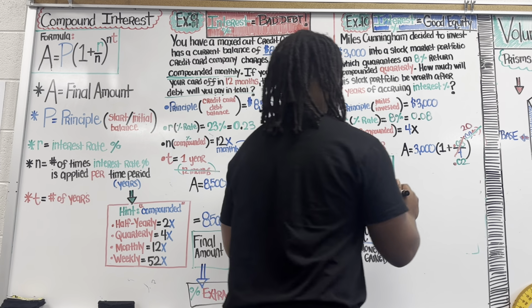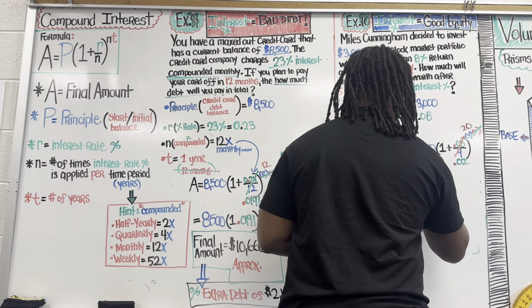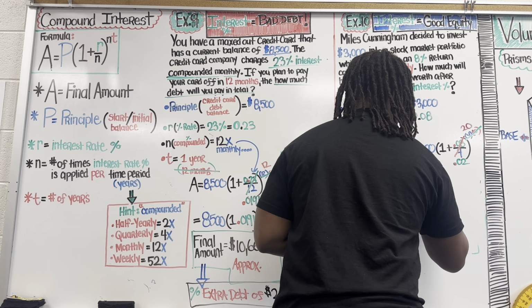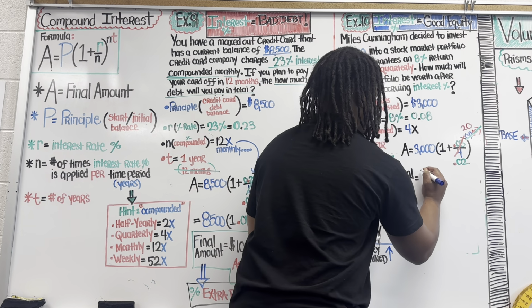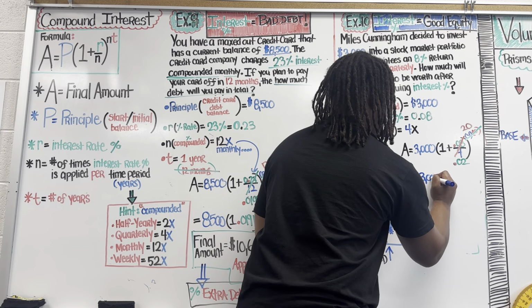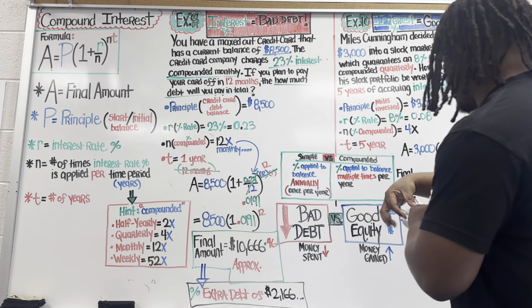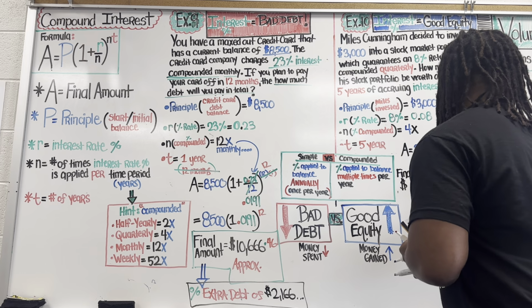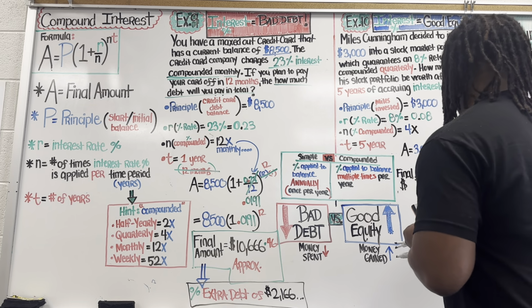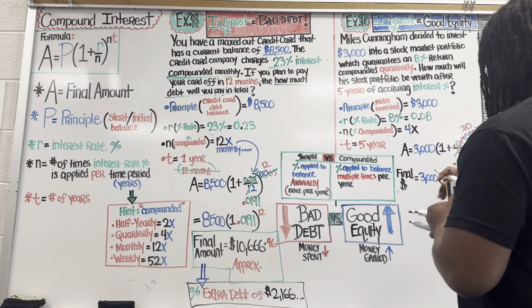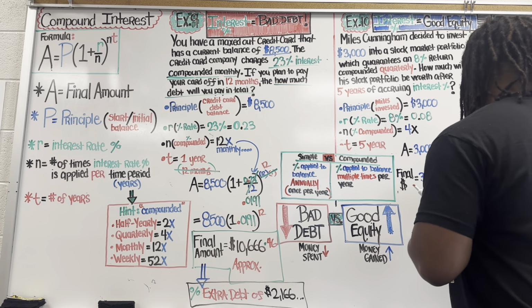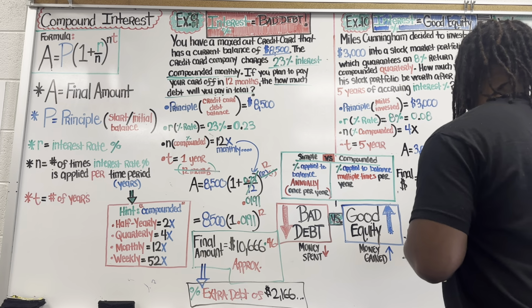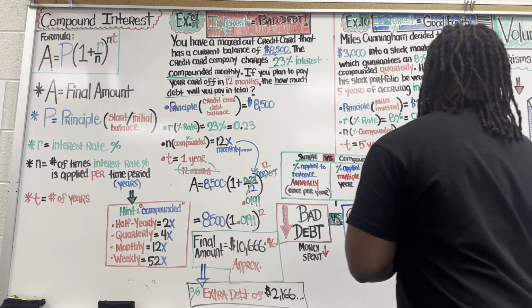So now I'm going to rewrite it one more time. Remember, A means final amount. So we have 3,000 times parentheses 1.02 to the 20th power. Just like that, guys.